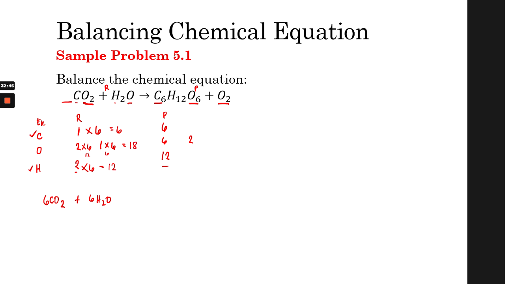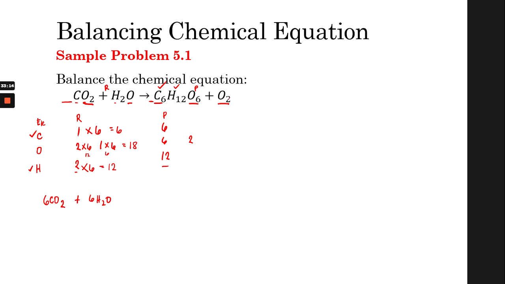Now, in order to have the same number of oxygen, I'm not going to fix my oxygen here, I'm going to fix my oxygen in my product. I cannot change the coefficient here because my carbon and my hydrogen are already balanced. The only way I can fix my oxygen is here because it only affects the oxygen.